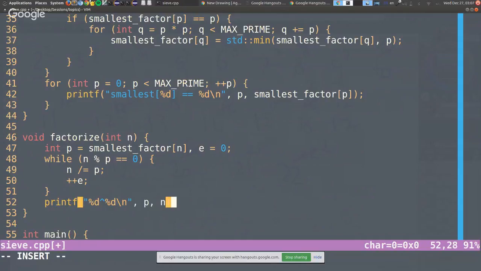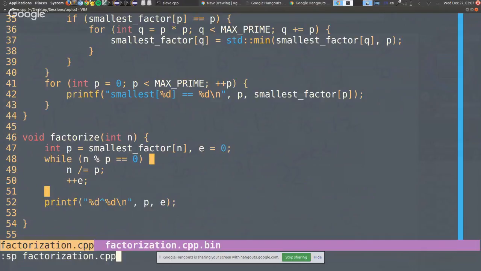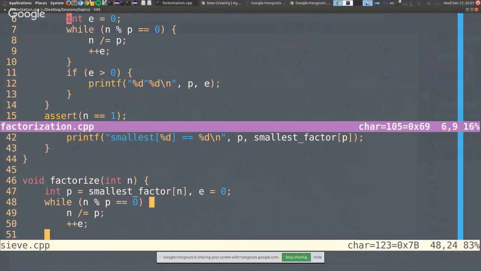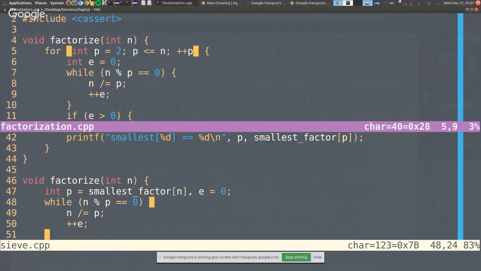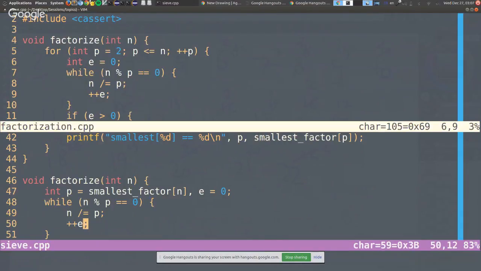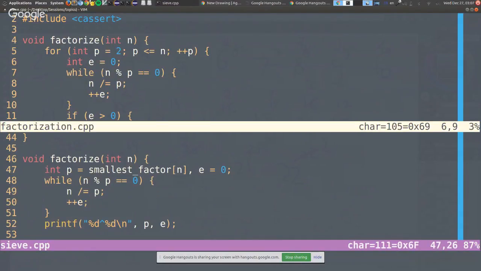Here, instead of what we used to do in factorization, which is to try every possible p as a divisor, now we already know one divisor, so we can get it right away.